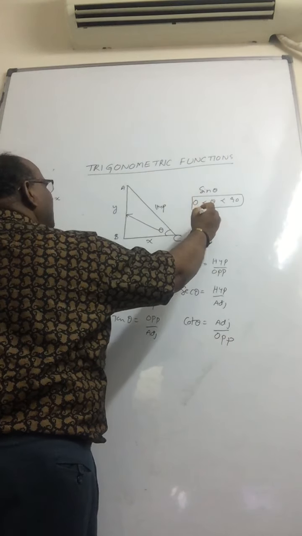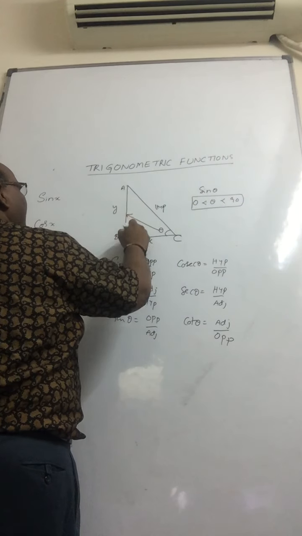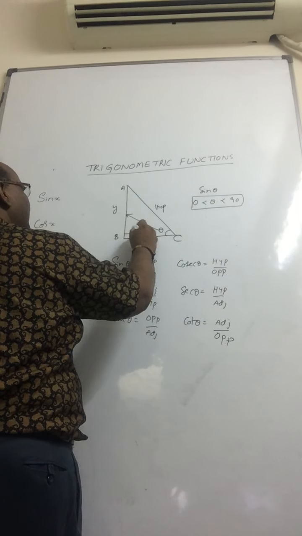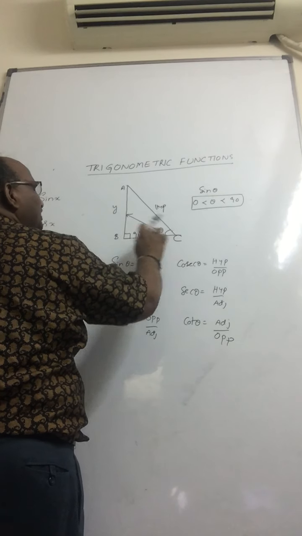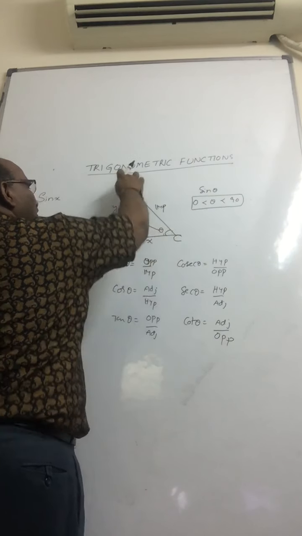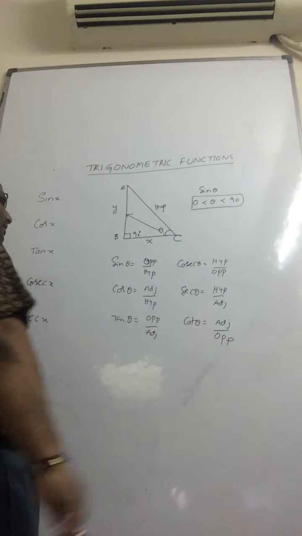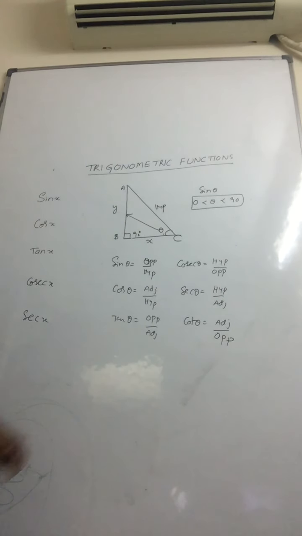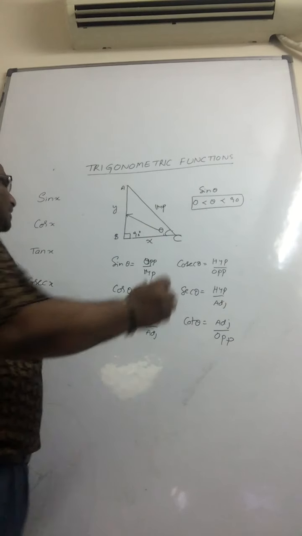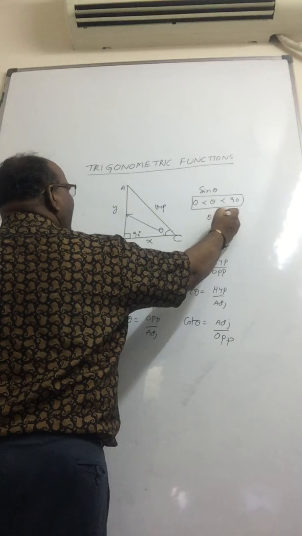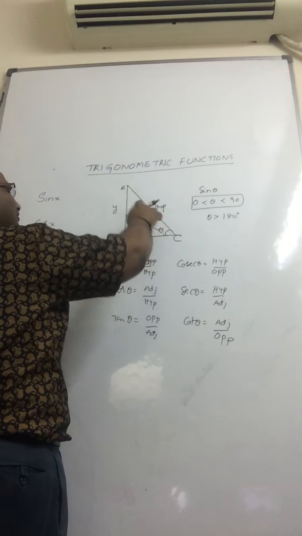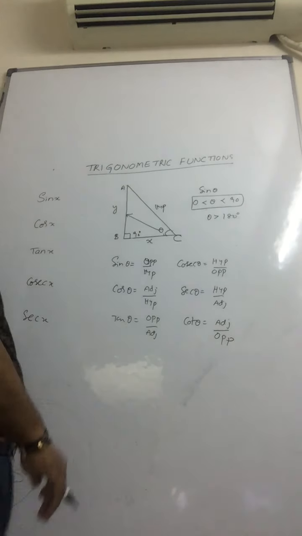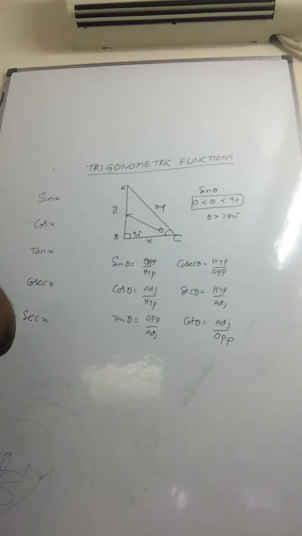Why? In a right angle triangle, this angle is already 90. If another angle is 90, the sum of these two angles is 180, so you will not get a triangle. Definitions are not valid. Suppose theta is more than 180, triangle definitions become wrong.